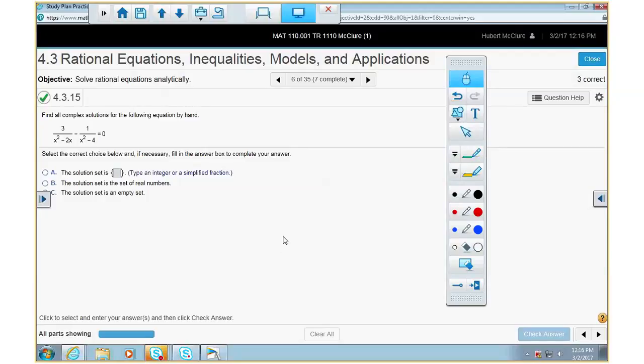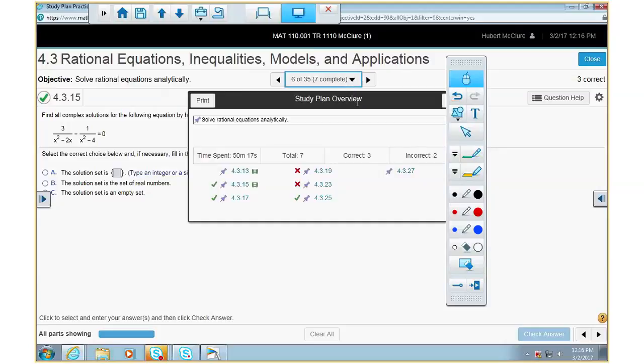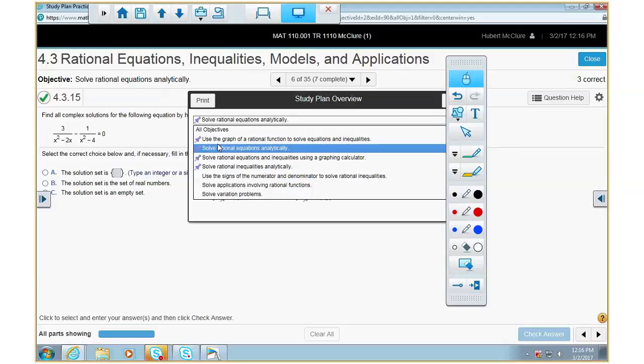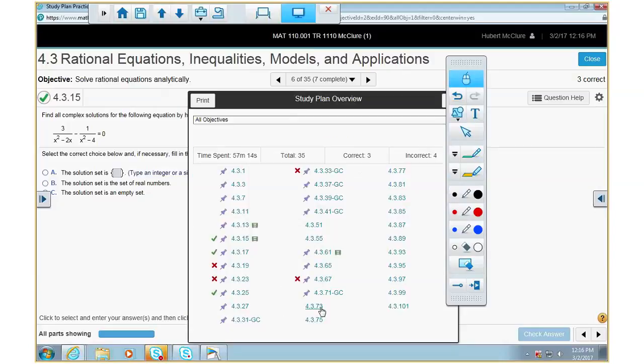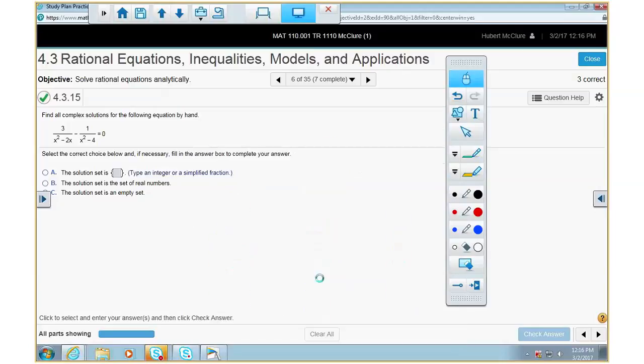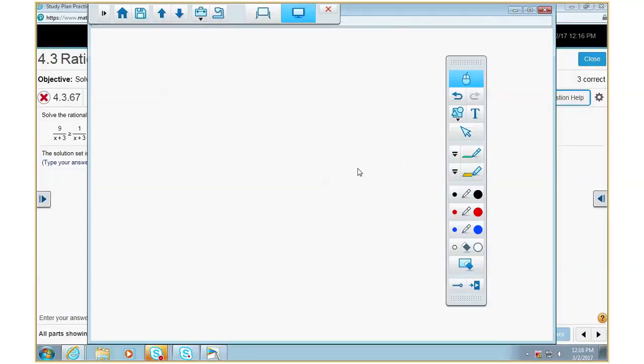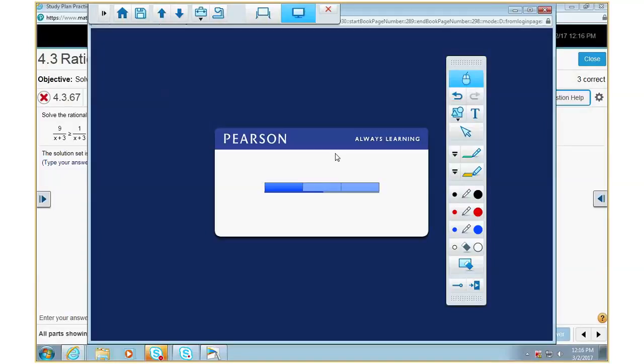Did I not hit text? Which problem are we doing? I don't know why it went back to this problem. 67? Okay. Let me try this again. Text.